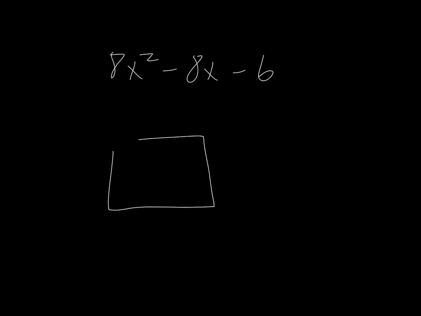So let's try our example. There's one more thing that we need to make sure of, and I'm going to try 8x squared minus 8x minus 6. Now, the reason why I'm doing this one is because there is one more stipulation here.